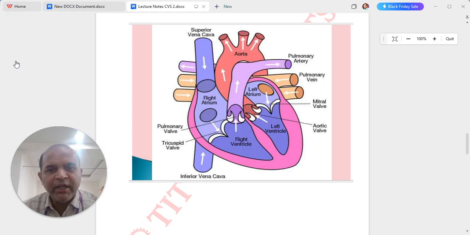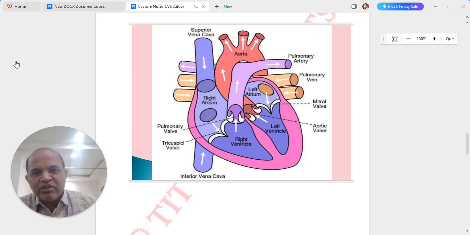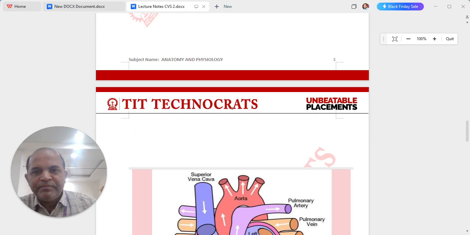The pulmonary artery carries blood from the right ventricle to the lungs, and four pulmonary veins carry oxygenated blood from the lungs to the left atrium. So this is the structure of the heart.